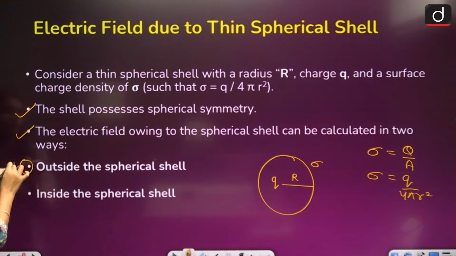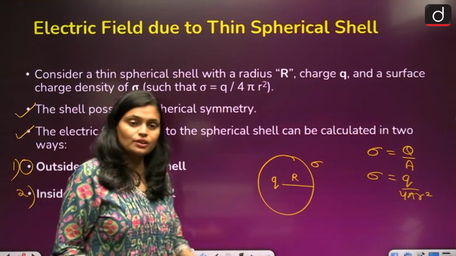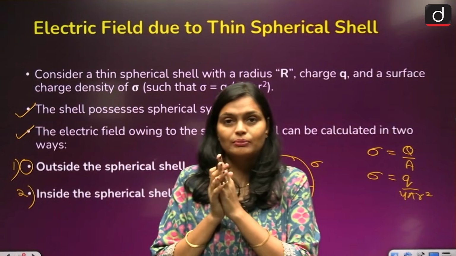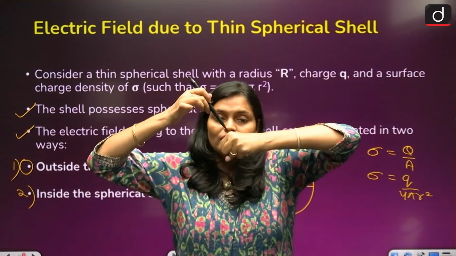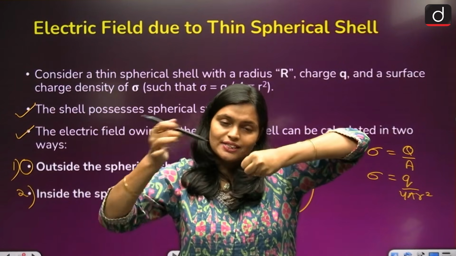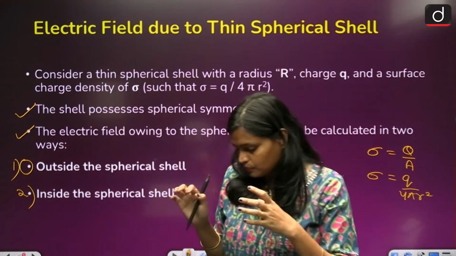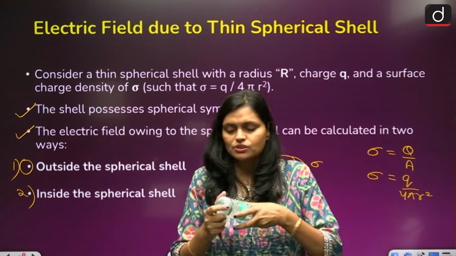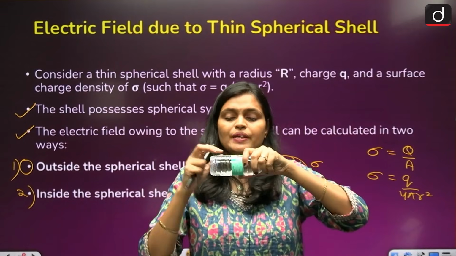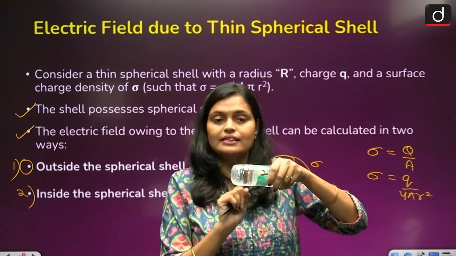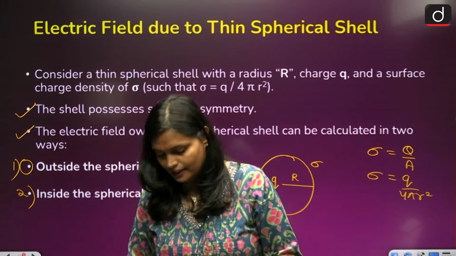One, outside the spherical shell, another inside the spherical shell. एक तो सरफेस के बाहर आउटसाइड द शेल और एक सरफेस के अंदर. Like suppose I am not having any ball, but suppose this is a sphere-like structure. So outside also you have to calculate, and inside also you have to calculate the electric field.